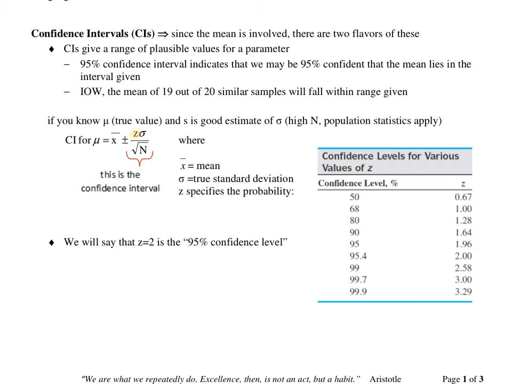Z is chosen depending on the confidence level that's desired. Most often, we want a 95% confidence interval, so z is 2, or more precisely 1.96. These other variables you know: sigma is our standard deviation, n the number of measurements.